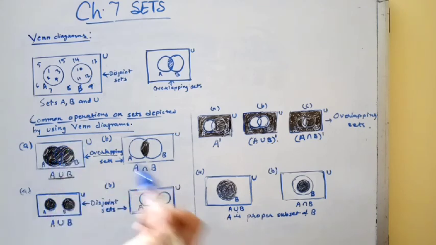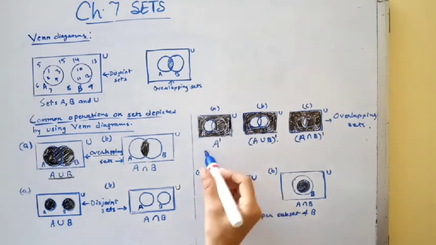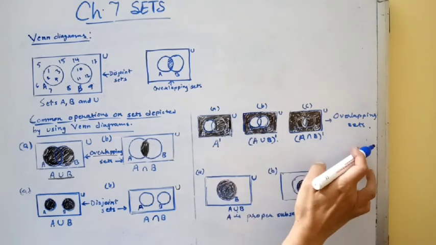like this. Now in the second figure, the sets are disjoint, and A union B is represented by the shaded portion, and here A intersection B doesn't have a common portion, so it is not shaded. Now in these three diagrams, the sets are overlapping sets.